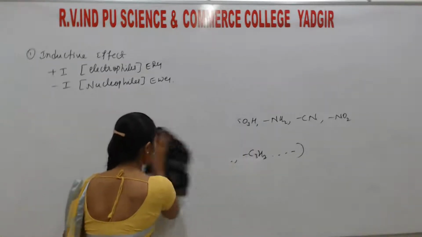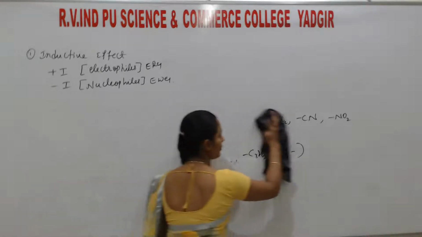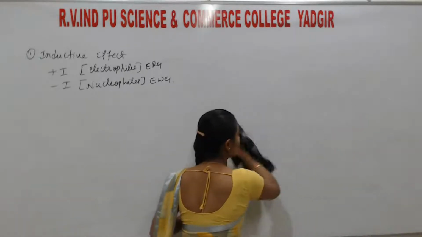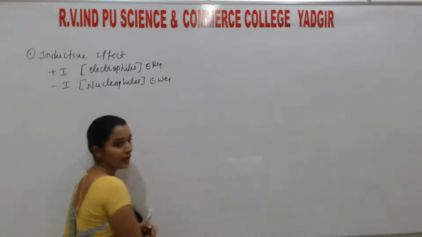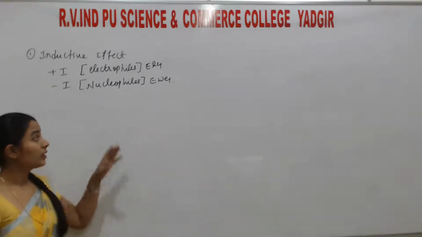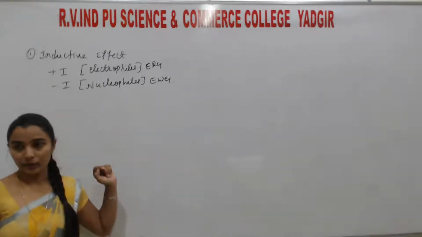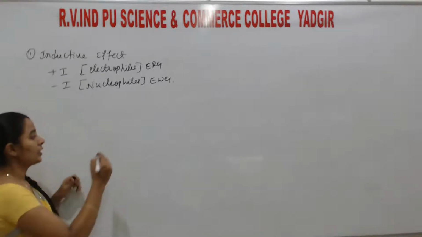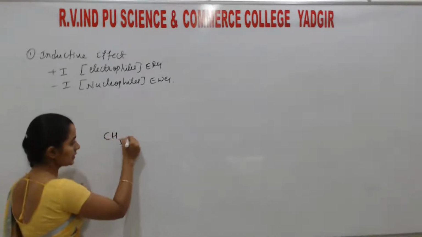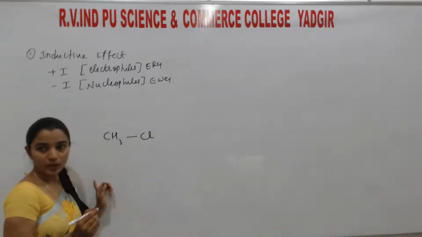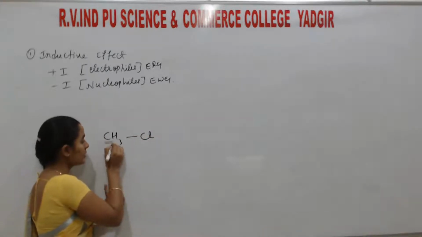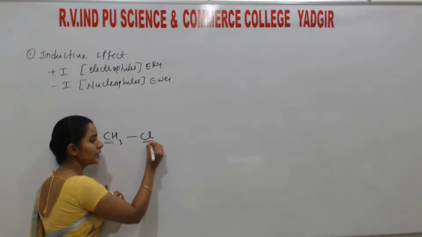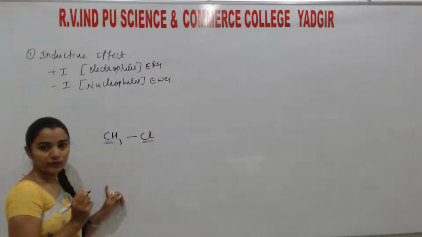So in the class, I explained the inductive effect. That inductive effect is exhibited by the molecules by what? Transfer of sigma electrons. And it is a complete transfer of electrons. Means if CH3Cl is there, okay, this carbon has a different electronegativity, this Cl has a different electronegativity.